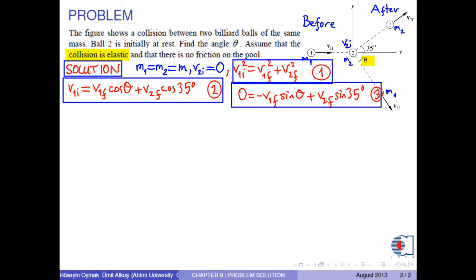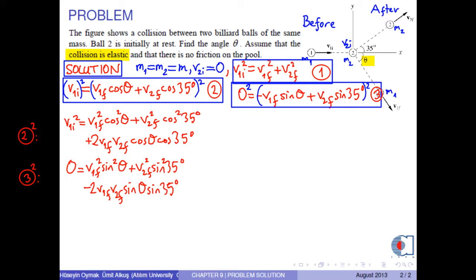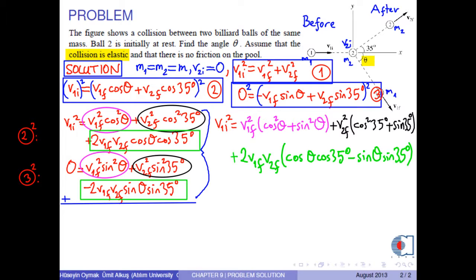If we square both sides of equation 2, we obtain, and if we square equation 3, we obtain, if we add these two equations side by side, we get, cosine theta squared plus sine theta squared is 1.